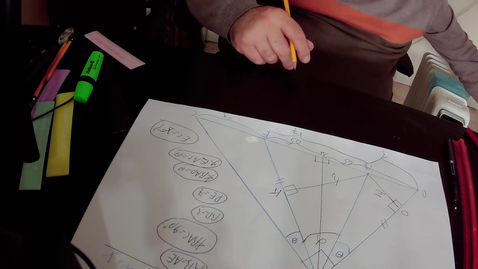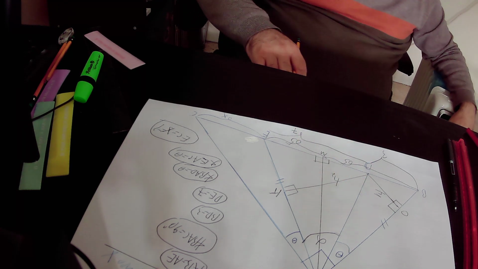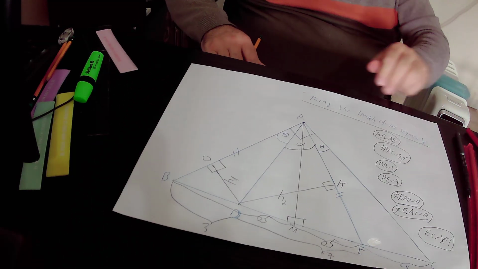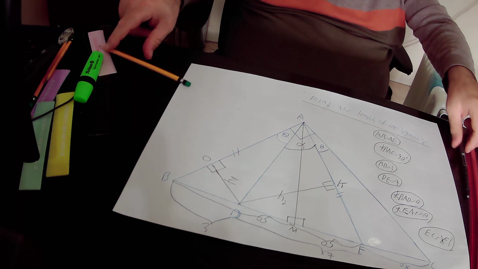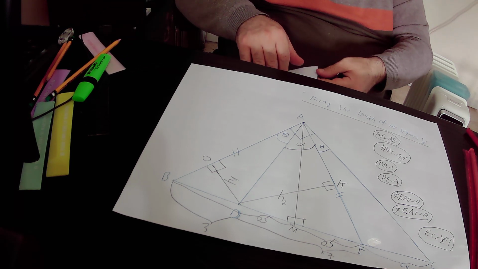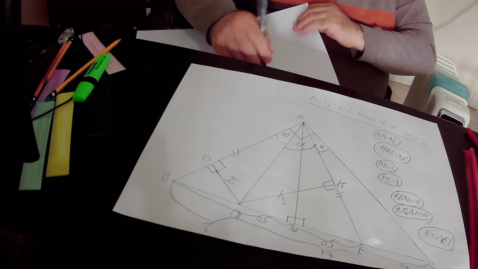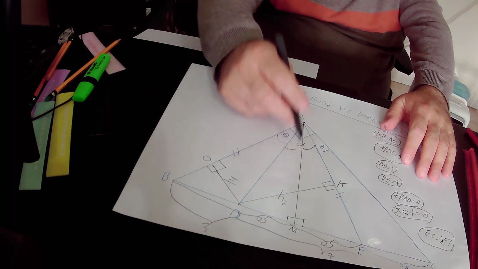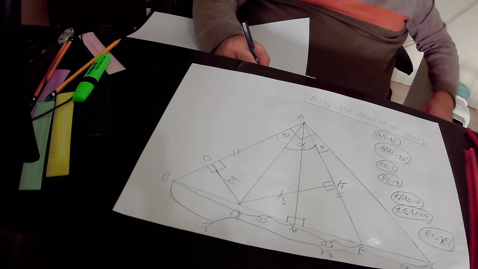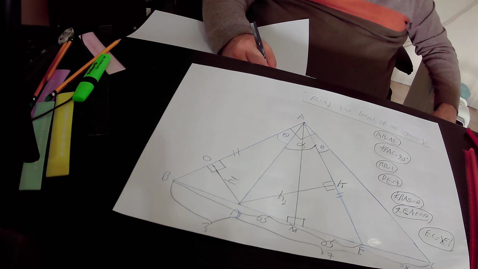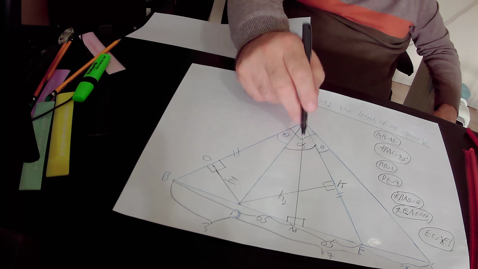And from the fact that those two triangles are congruent to each other, we will conclude that angle BAM is equal to angle MAE.